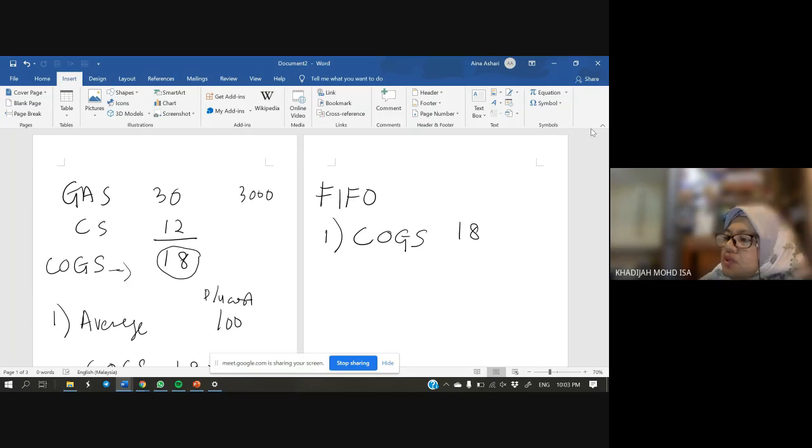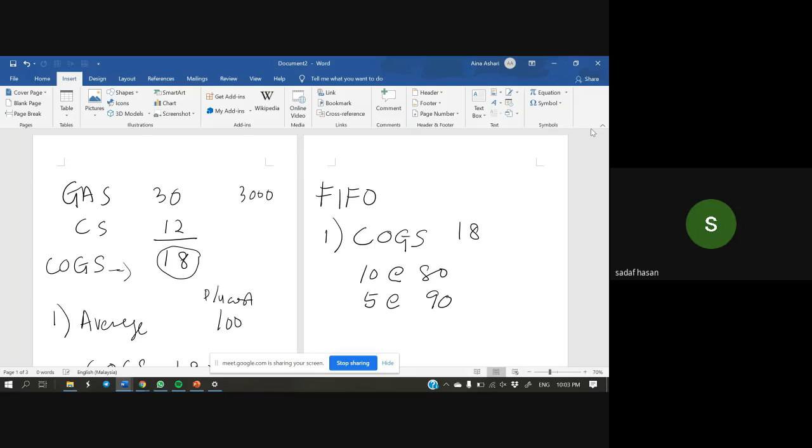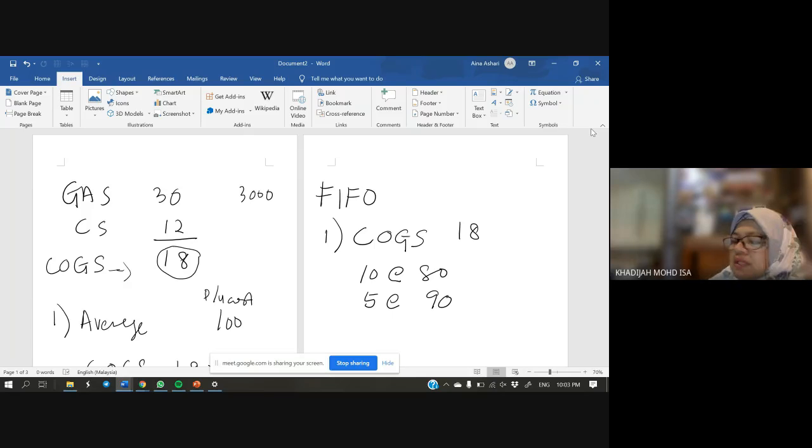So kalau 18 units means that you must start from first in, first out kan? So you must start from the top lah. So you must get 10 units at 80, and then you have 5 units at 90. Are you following me? Yeah. You have to see from the top.